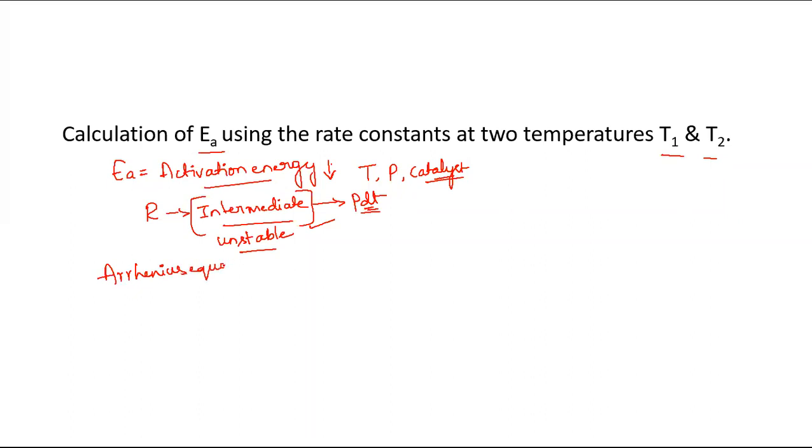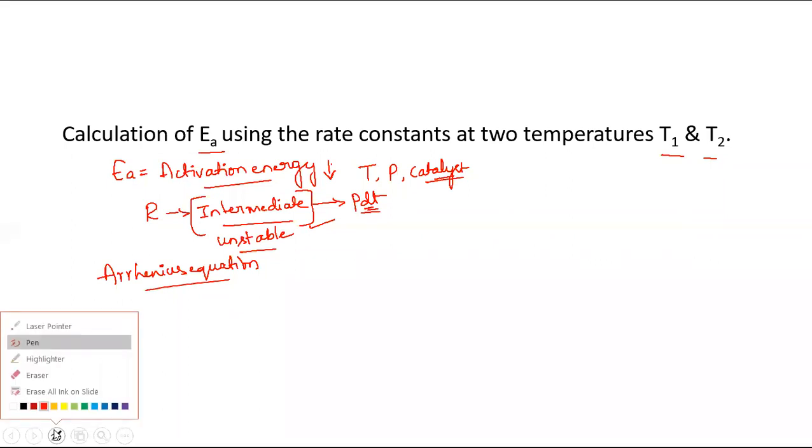A scientist called Arrhenius proposed an equation to make the problems easier to solve. By comparing that Arrhenius equation with the different temperature variables, we can take an equation. Just a minute, I'll just erase it.